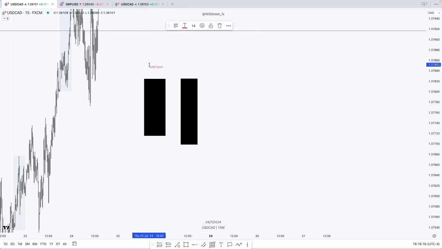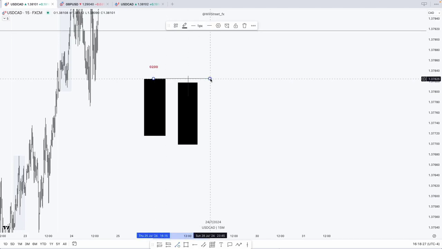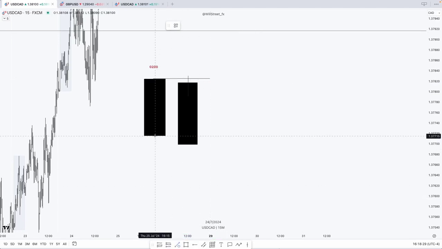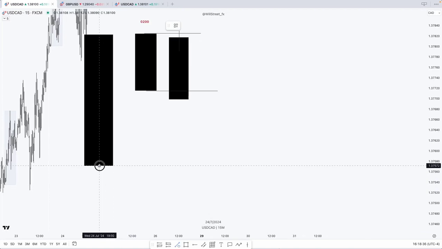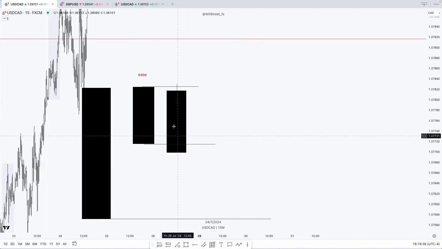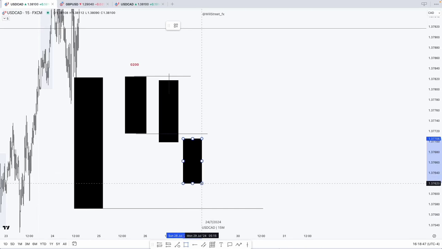This is the 2 a.m. At 3 a.m. it makes the turtle soup. So we have the bias. And probably we have some dough here. So we want to go lower. Our shorts will be something like up here. So we already know how the next candle will be. Lower.